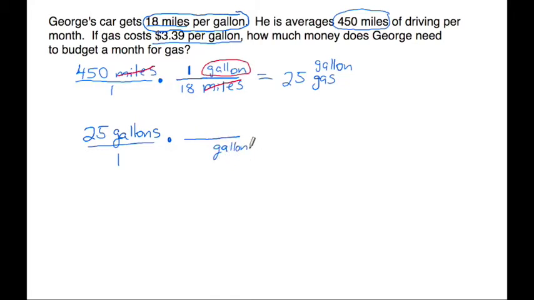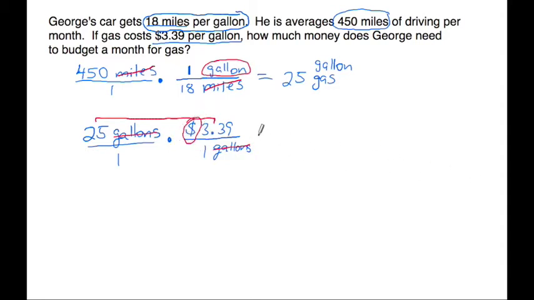So put the gallons in the bottom. And we want the dollars up top, and it's going to stay in the same order, so this is $3.39 per 1 gallon. So the unit that's going to go away is the gallons. And all you're left with is 25 times 3.39 with a unit of dollars.